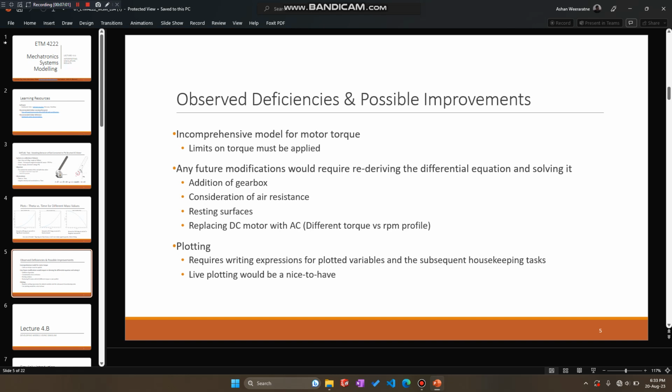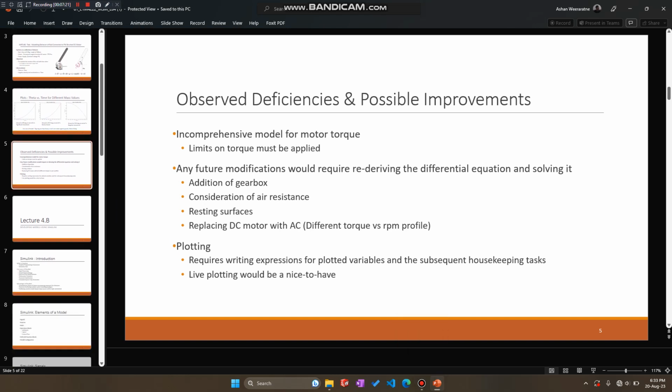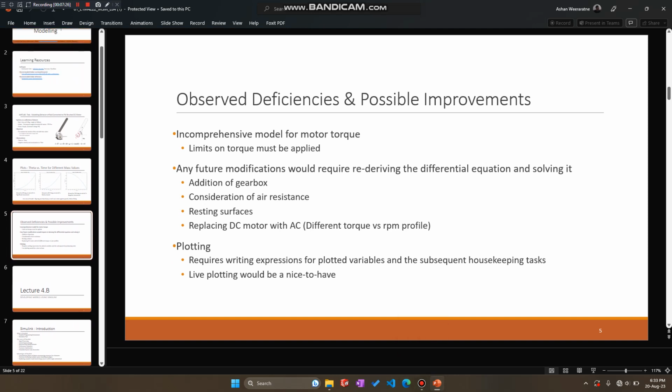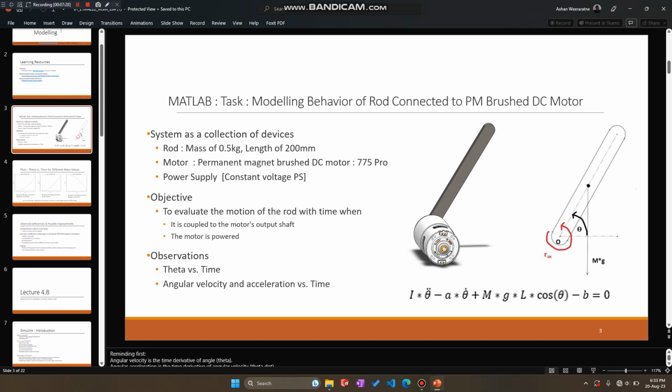So if we were to run a simulation for 10 seconds or so, the plotting operation will happen for the whole 10 seconds, and you'll be able to see the results being plotted in real time. So let's finish this video for now and move on to using Simulink to re-implement the model for this simple mechatronic system.